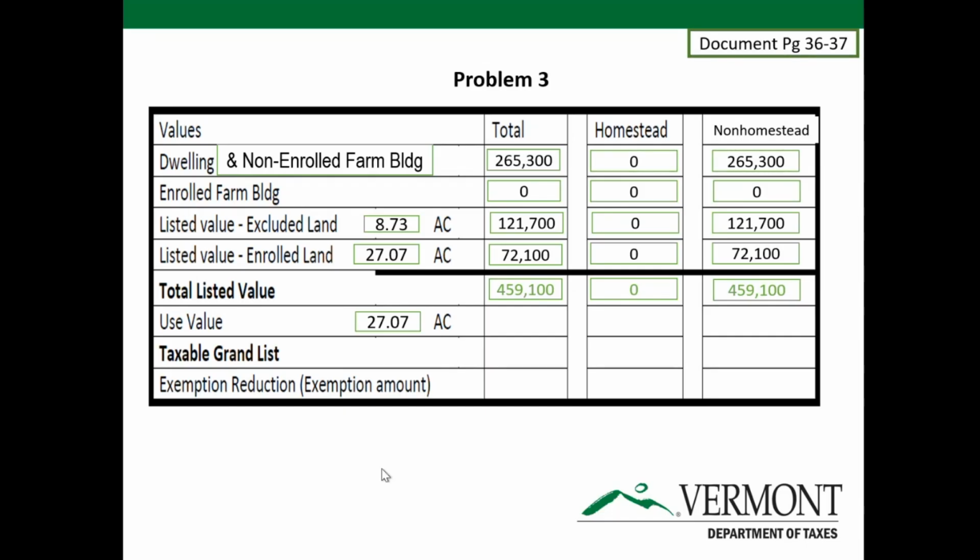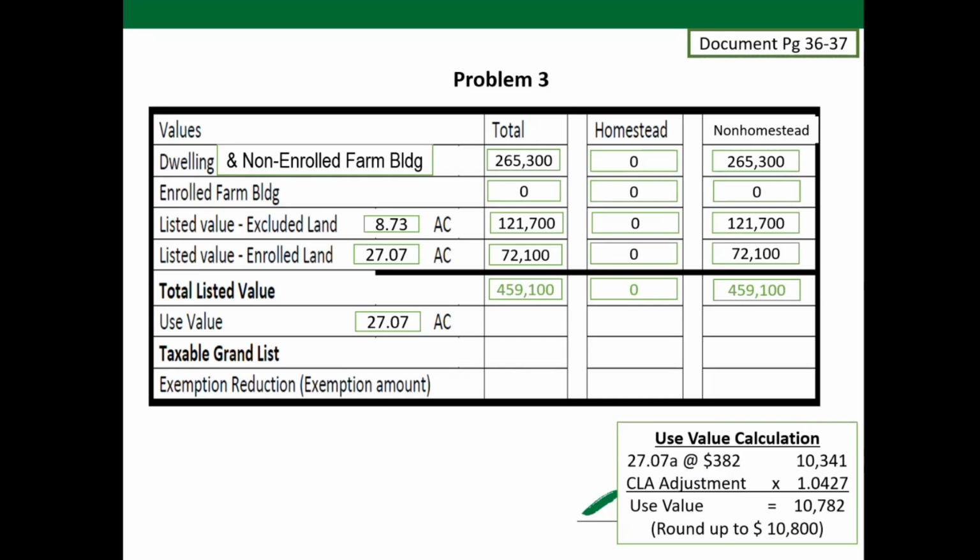All right, so now let's go ahead and talk about the rest of the grid that again is done mathematically for you in the back of the program, but knowledge is power. So in order to calculate the use value on this parcel, there are 27.07 acres of ag land enrolled using that 2020 value of 382 per acre. We're coming up with 10,341.